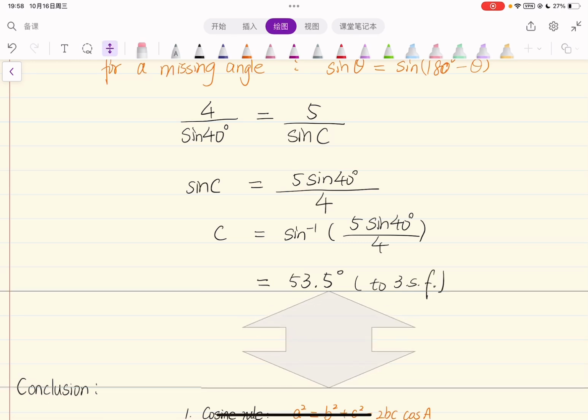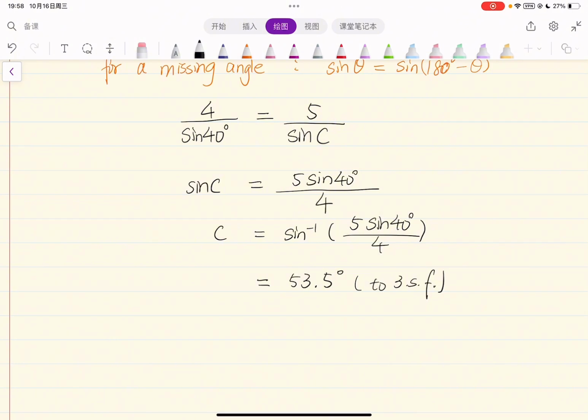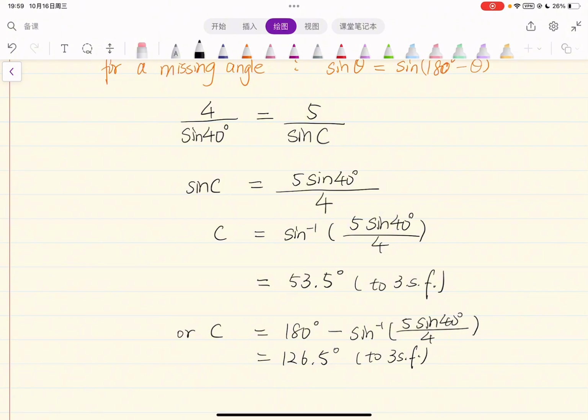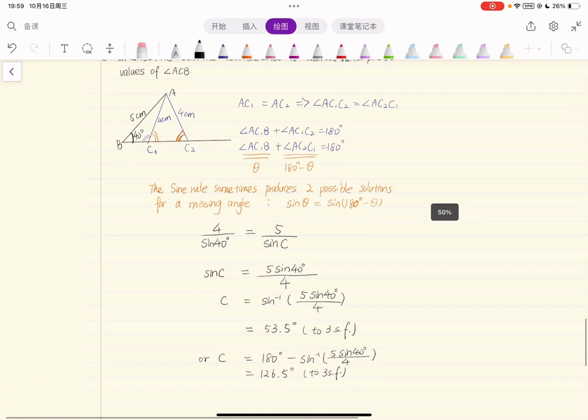Now you have one possible solution, and another one is C equals 180 degrees minus sin inverse of 5 sin 40 degrees over 4, which equals 126.5 degrees to 3 significant figures. So here are the two possible solutions.